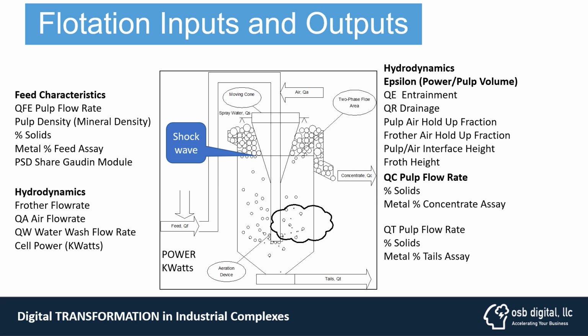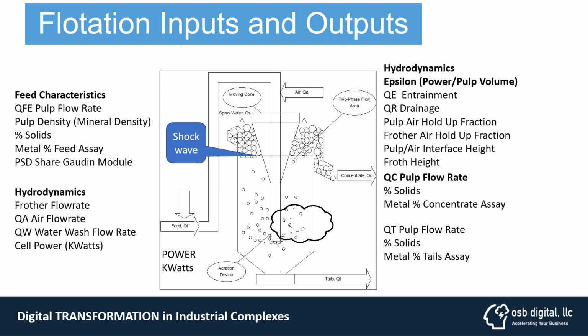And then we can predict your pulp flow rate and the concentrate flow rate in real time by performing specific mass balances using a very powerful gross error detection algorithm that enables us to do that in real time.